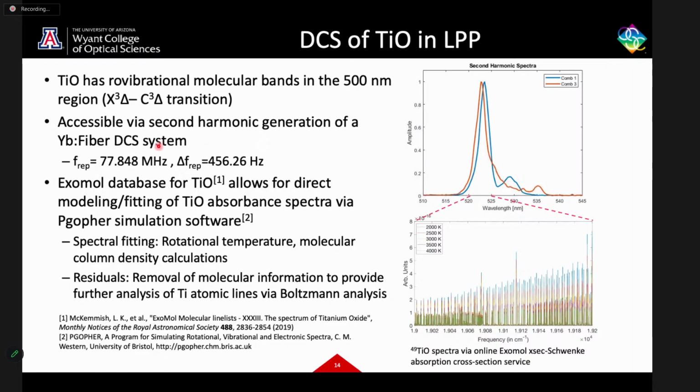Here, again through second harmonic generation using a BBO, we can double our light at 1064 nanometers with broadband to an area near 520 to 525 nanometers. This dual-comb system has a repetition rate of about 77.8 megahertz and a repetition rate difference for these results of about 456.3.